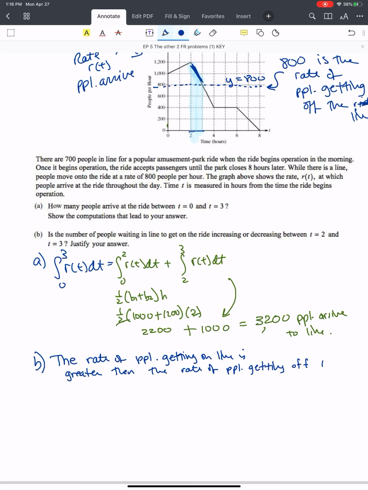So that's one way to do it, by making that observation and making that statement. You can say that what the question was, is the number of people waiting, therefore the number of people waiting is increasing.